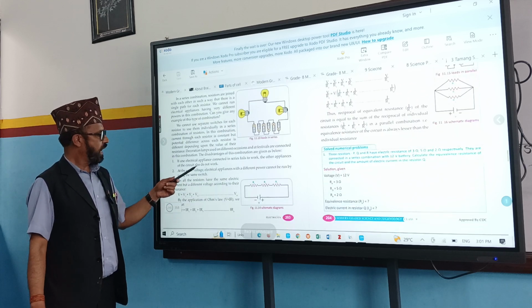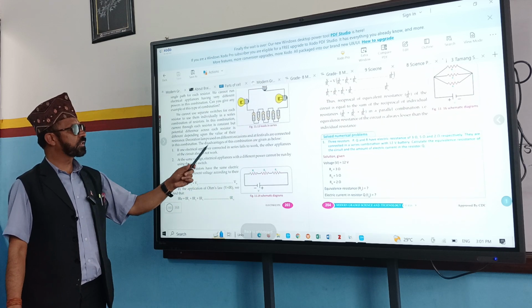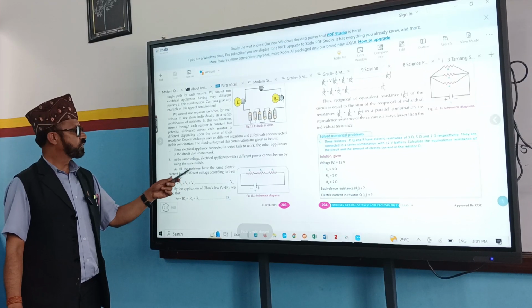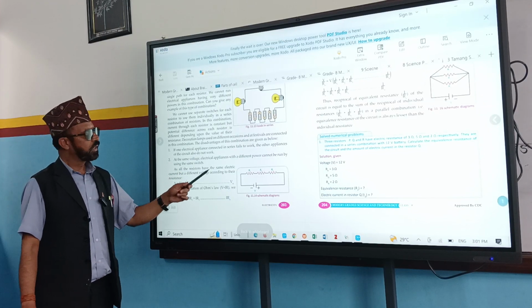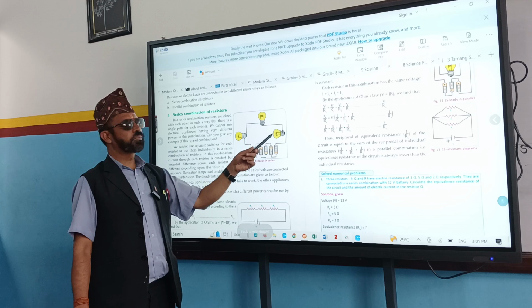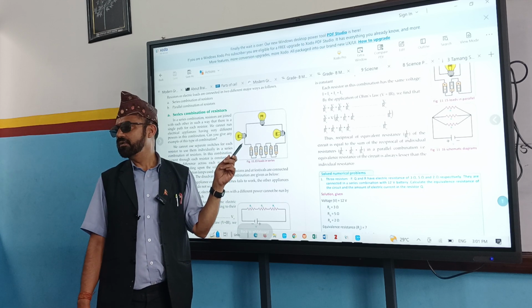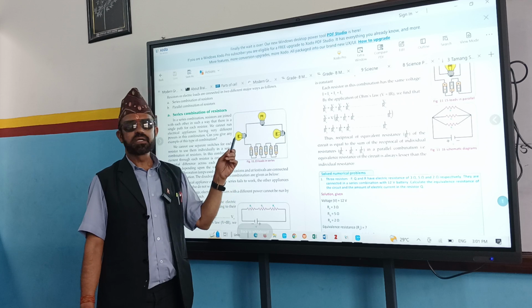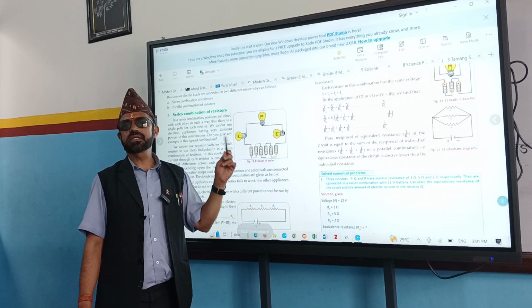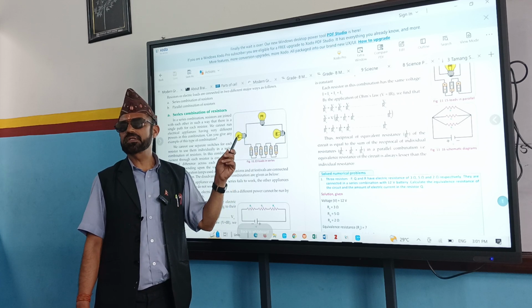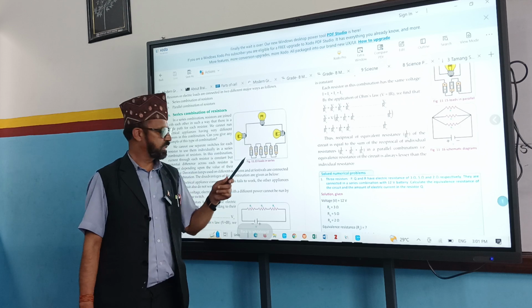Next one is, at the same voltage, electrical appliances with different power cannot be run using the same switch. So if one has a power of 20 watt, another 50 watt, another 60 watt, they do not run. For that, they must have equal power: 10, 10, 10, 15, 15, 15, 20, 20, 20. Okay, this is the disadvantage.